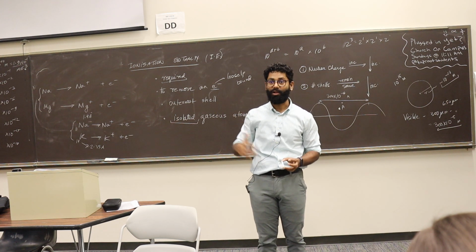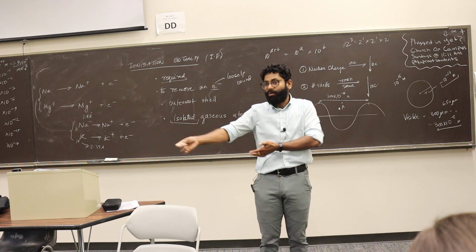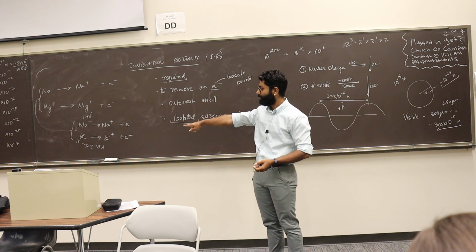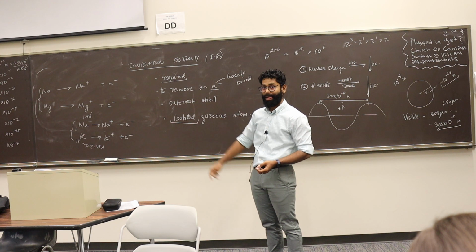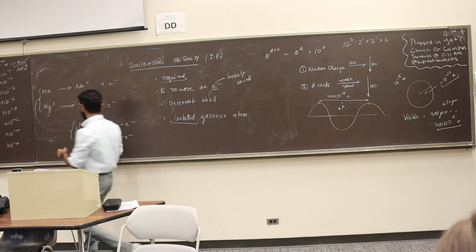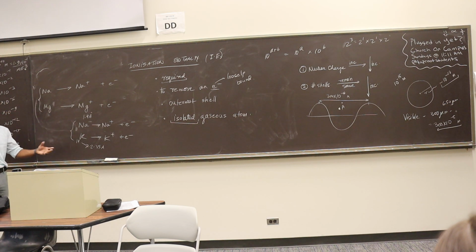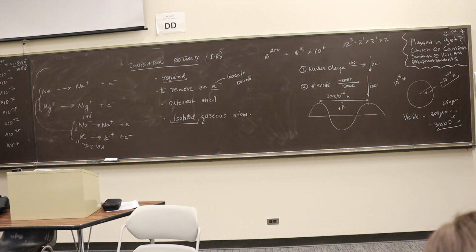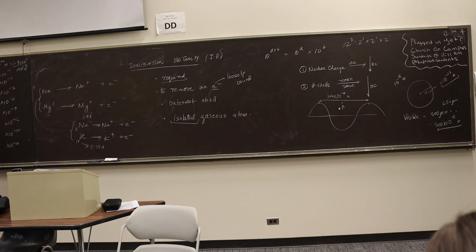It's already far out, so you can easily take it out. So the ionization enthalpy of potassium is less than sodium, and the ionization enthalpy of magnesium is more.